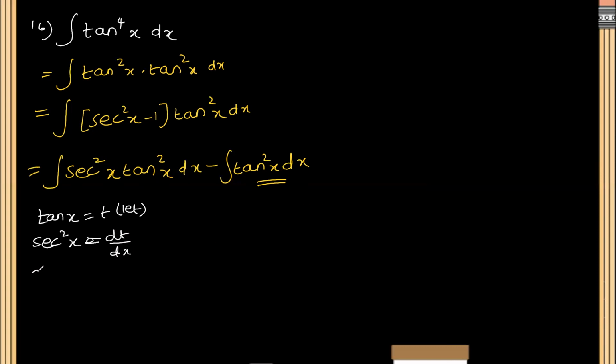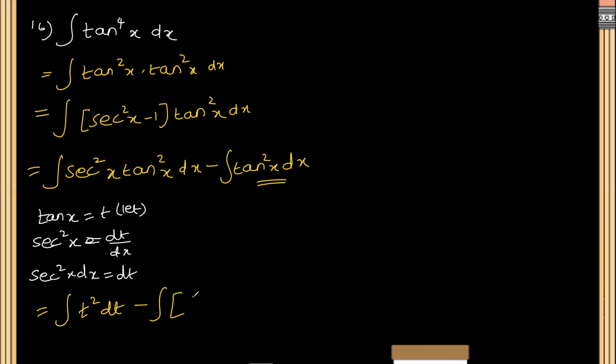Cross multiplying, we get secant square x dx as dt. And here we are replacing this as secant square x minus 1. So the next step will become, in place of secant square x dx, we write it as dt, and in place of tan x it is t, we have power 2. So t square dt minus integral.